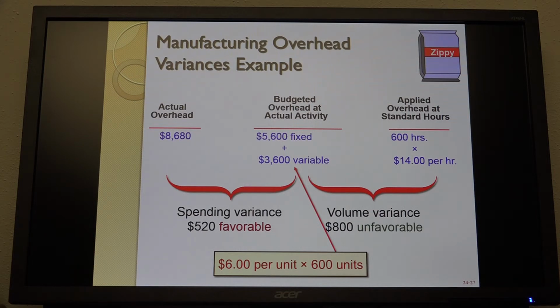So you take out the 3,600 in the middle, look at the 5,600 fixed, and compare it with this formula, here it's 6,400. Overhead applied at standard hours is $800 more than the budgeted overhead at actual activity of 5,600. So you've got an $800 unfavorable variance.